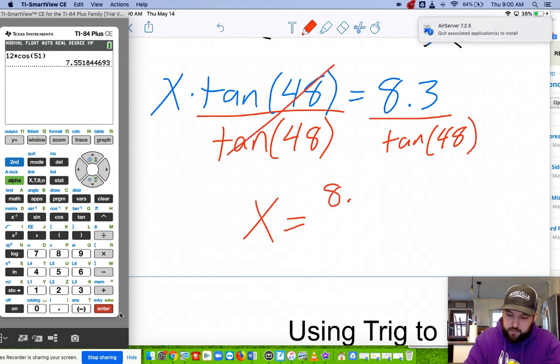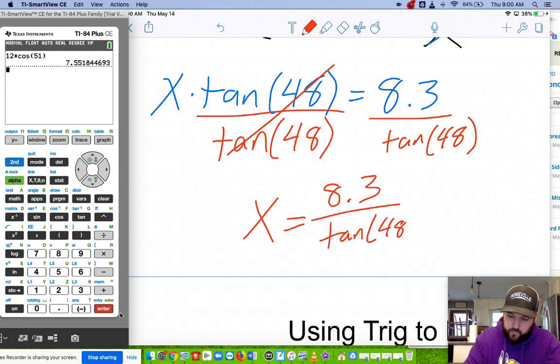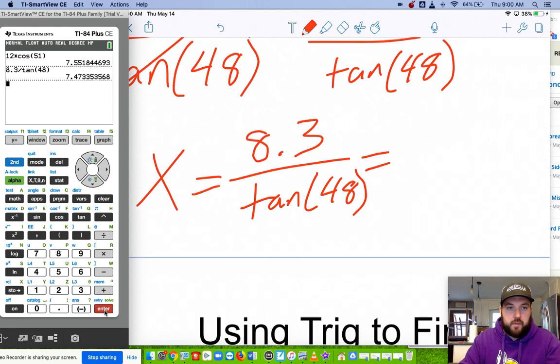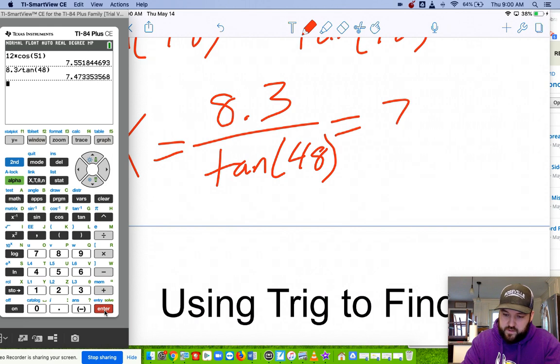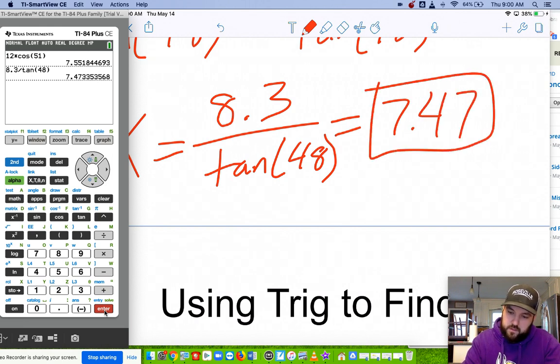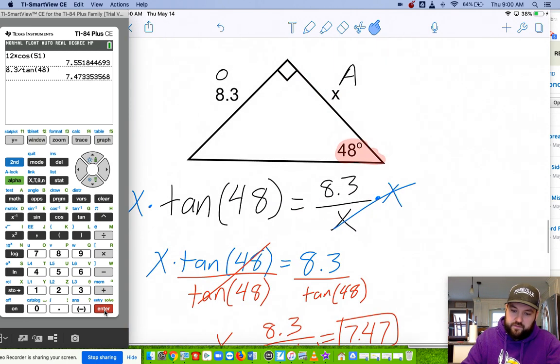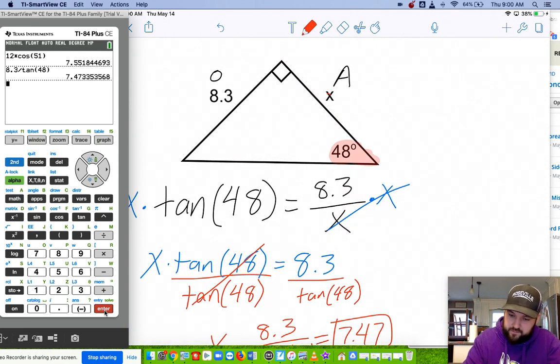So here I get 8.3 divided by tan 48. I'm going to type it in the calculator exactly as that looks, divided by tangent of 48. Again, every answer will be wrong if you don't change this to degrees mode first. So I get 7.47, if I'm going to continue rounding to the hundredths place. So this side of the triangle is 7.47.